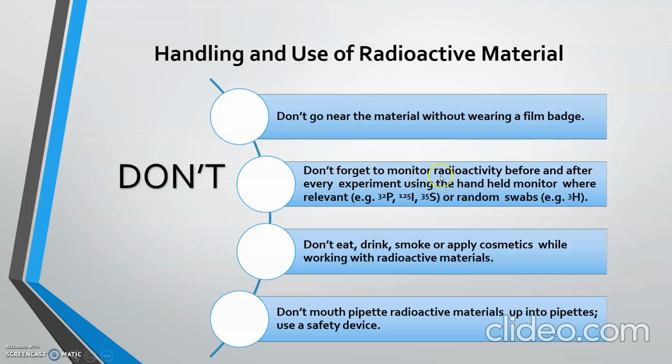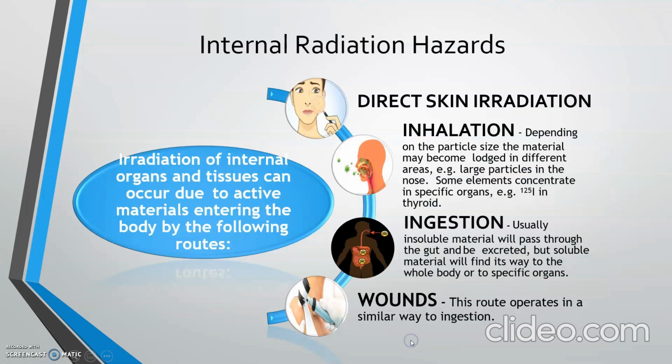Don't forget to monitor radioactivity before and after every experiment using the handheld monitor where relevant, or random swab. Don't eat, drink, smoke or apply cosmetics while working with radioactive materials, and please don't mouth pipette radioactive material. Use a safety device.